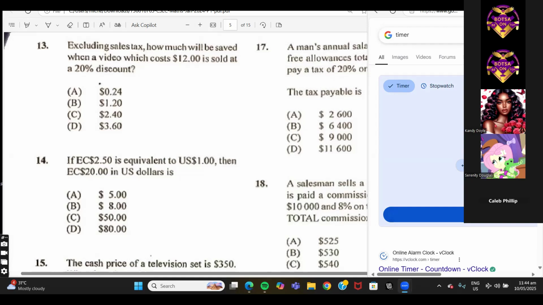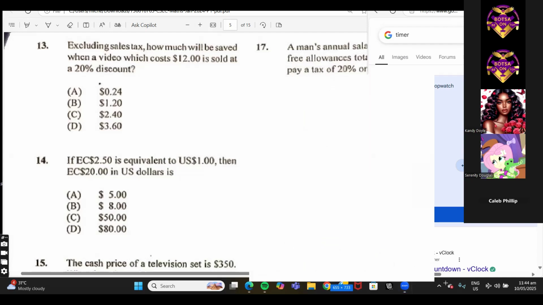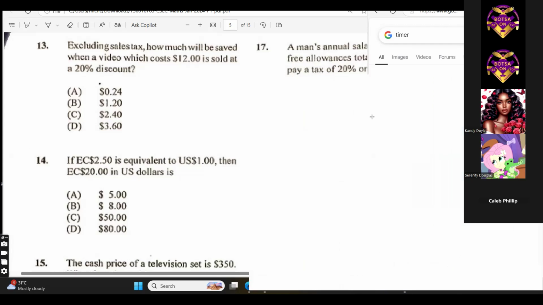Okay, so for this one, let me block off some stuff because I need to do some work in here. Block off like all of this.